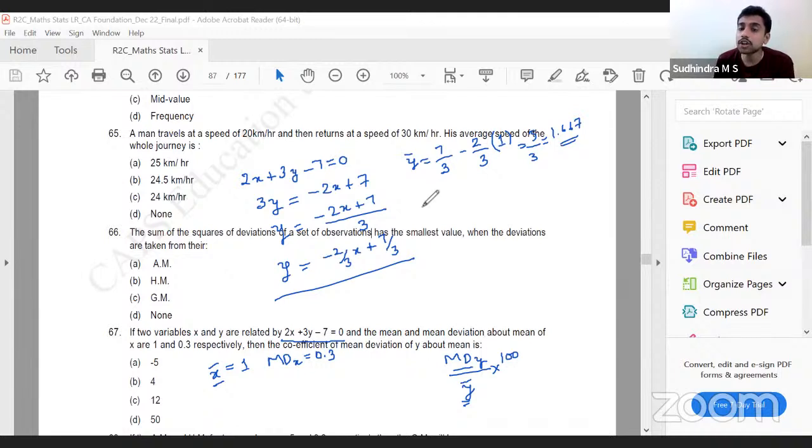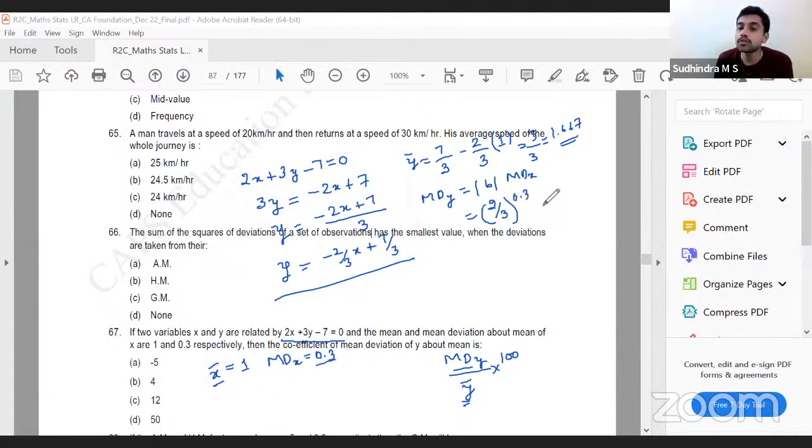Mean deviation of y. If y is equal to a plus b into x, mean deviation of y will be equal to modulus of b into mean deviation of x. What is modulus of b here? Minus 2 by 3 modulus. Ignore the negative. 2 by 3 into mean deviation of x is 0.3.